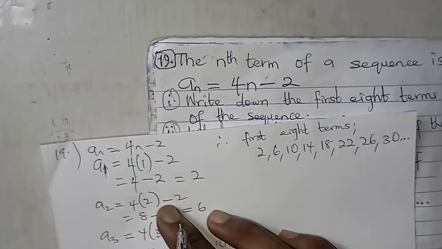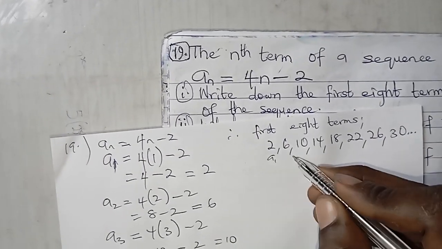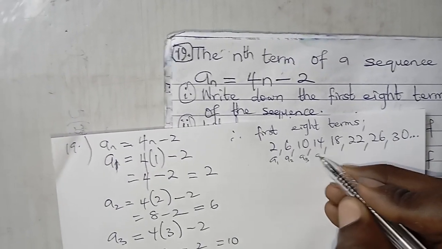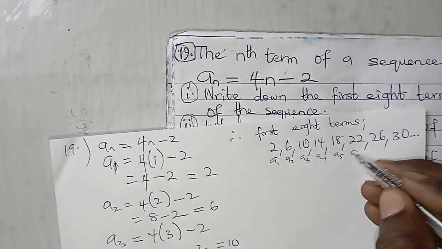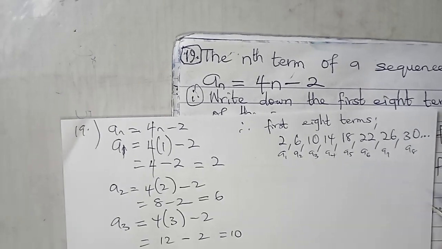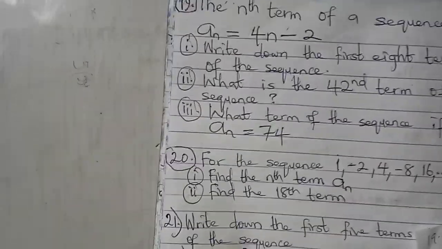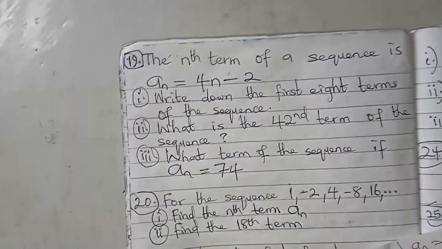So these are the first 8 terms: A1, A2, A3, A4, A5, A6, A7, A8. Let's move to the second part. They said, what is the 42nd term of the sequence?